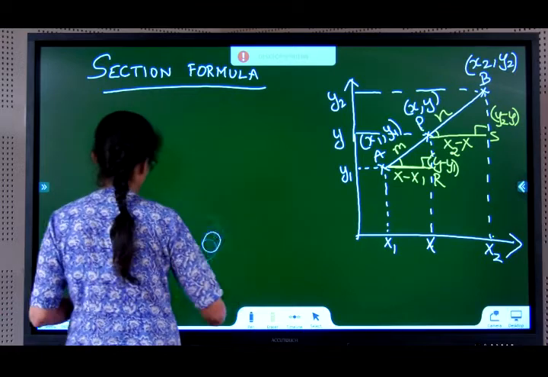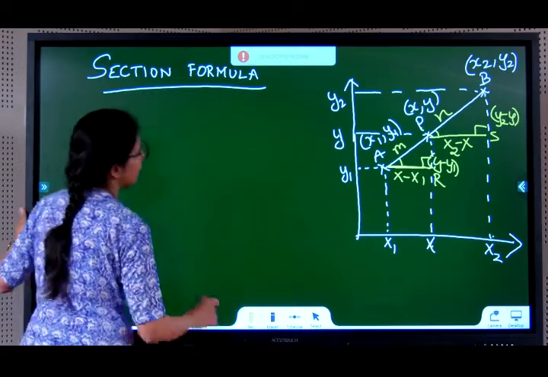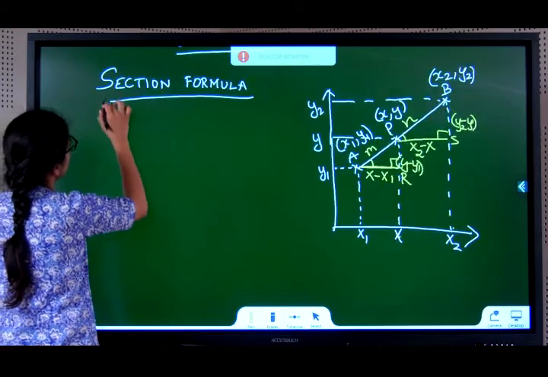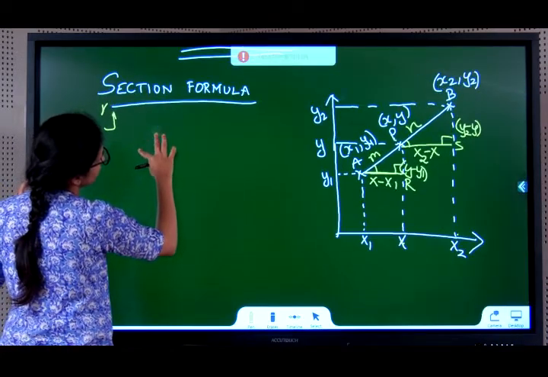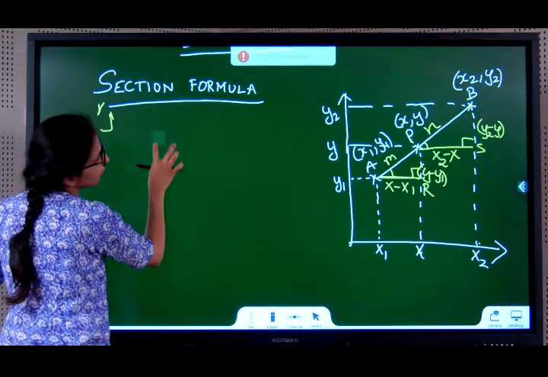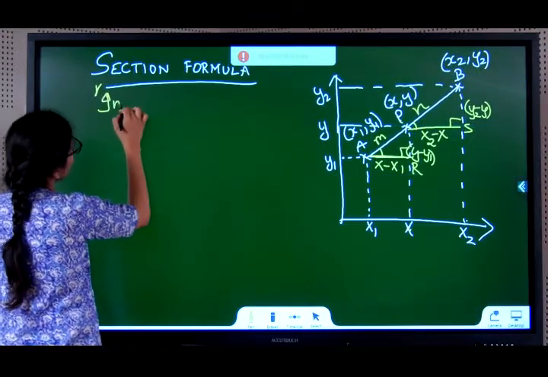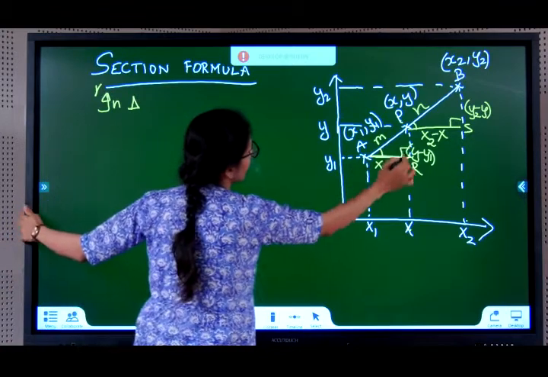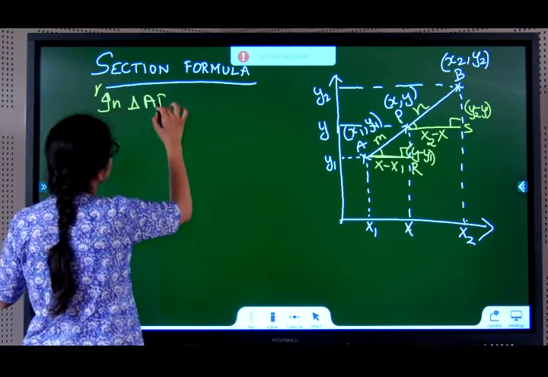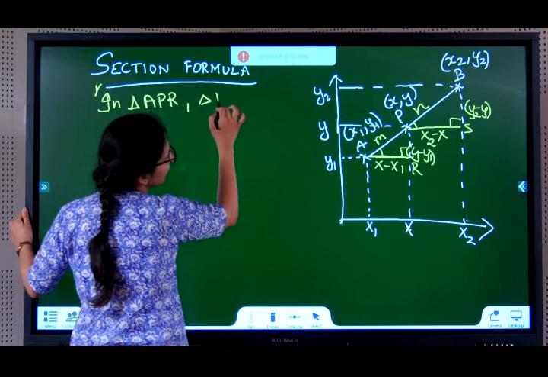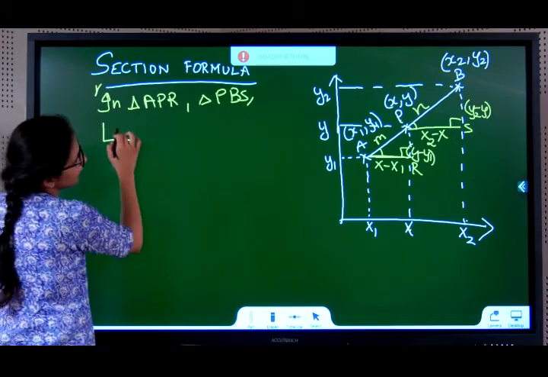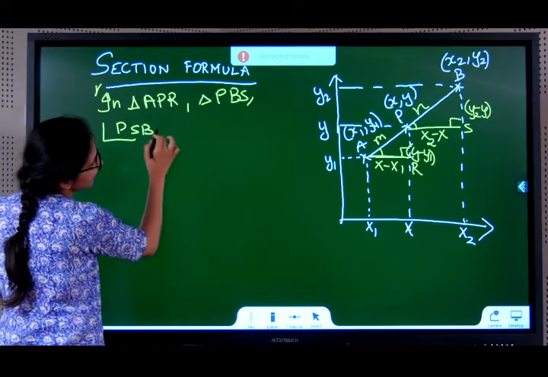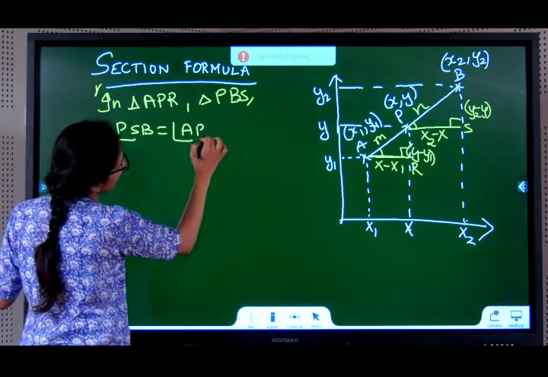So, what can I say here? In triangle APR and triangle PBS, angle PSB is equal to angle ARP.